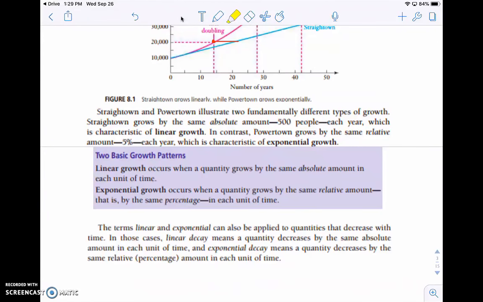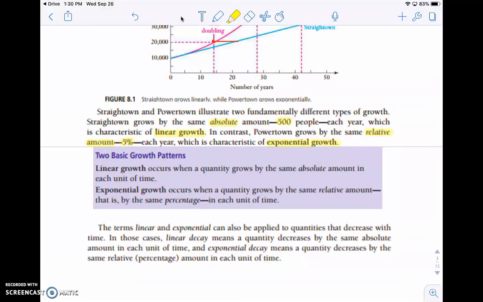Straytown is growing by the absolute amount, which is 500 people per year. That's called linear growth, when you're growing by the absolute change. However, in contrast, Powertown grows at the same relative amount, which in this case was 5%, and that's what we call exponential growth.